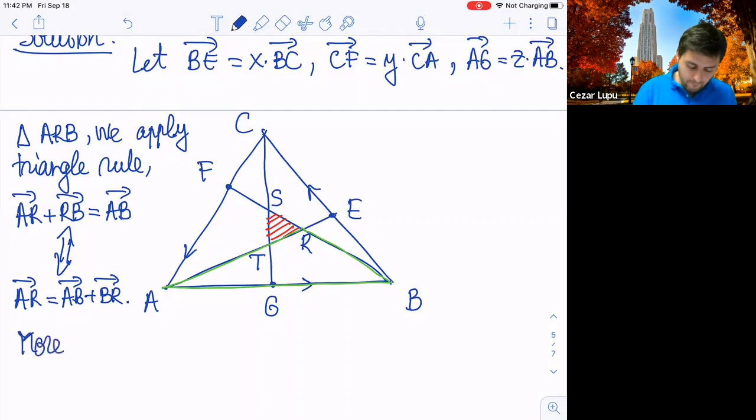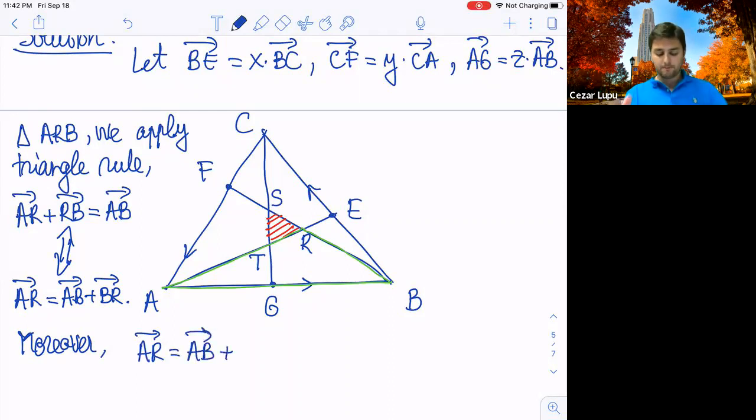Moreover, we have that AR vector is the same as AB vector plus, now let's see, BR vector, let's be careful here. BR, where is it? All right, BR vector.